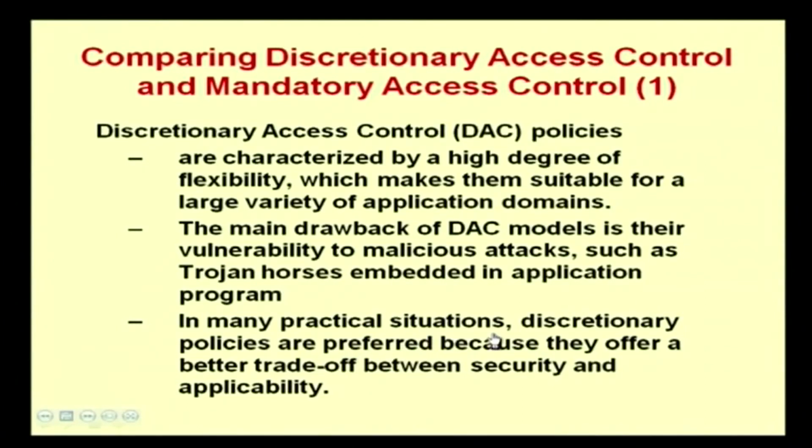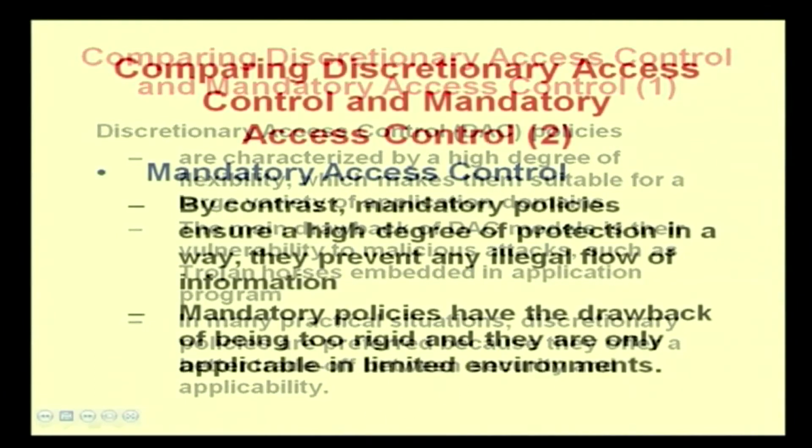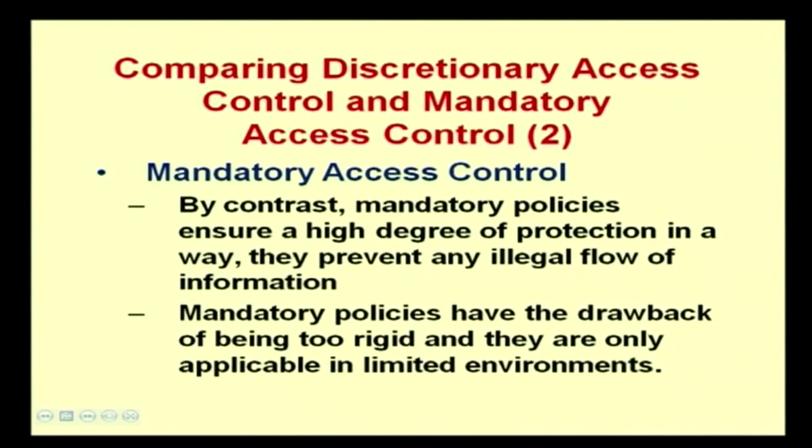In many practical situations, discretionary policies are preferred because they offer a better trade-off between security and applicability. Mandatory access control, by contrast, ensures a high degree of protection and prevents illegal flow of information. The drawback is that it is too rigid and only applicable in limited environments.